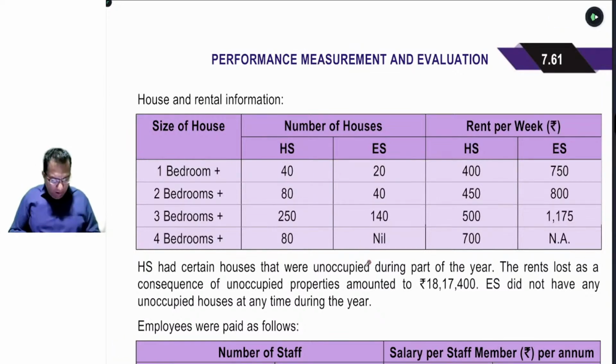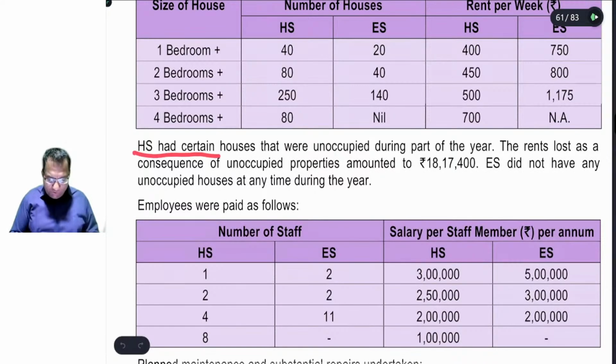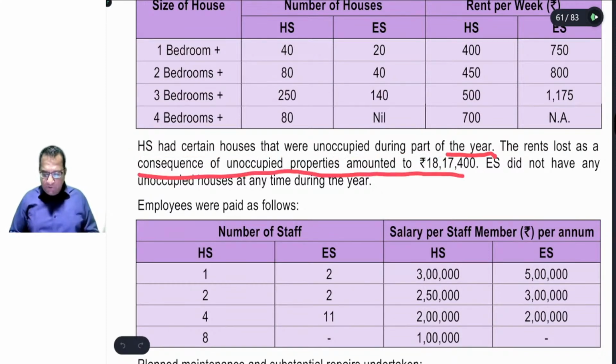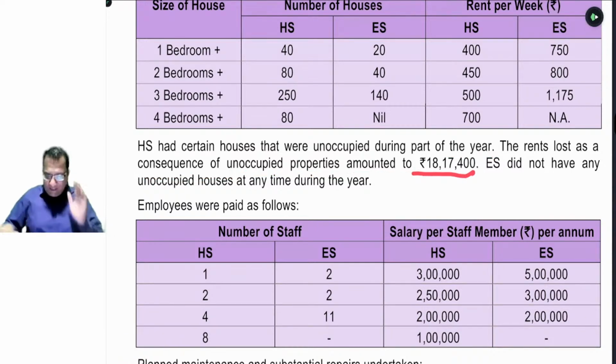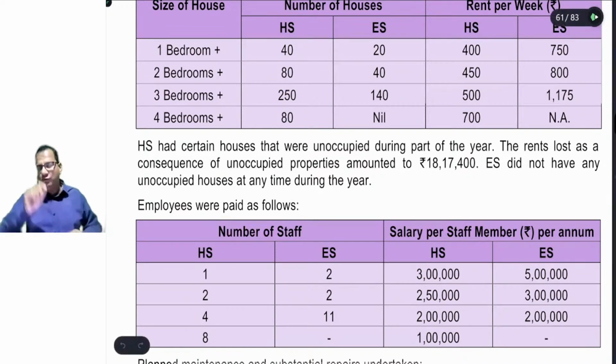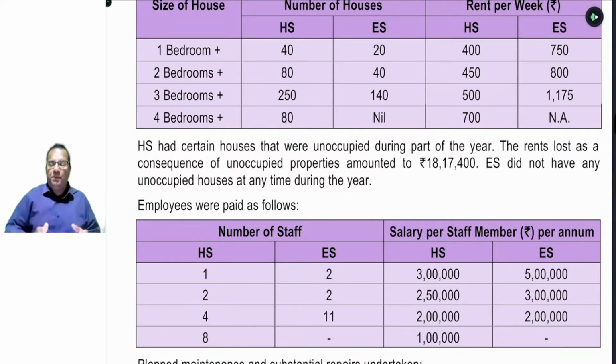Our company had certain houses that were unoccupied during part of the year. The rent loss as a consequence of unoccupied property amounted to 18,17,500. Can you please tell me, beta, based on this line and one more data, what percentage of property was unoccupied? I am asking in percentage terms: the percentage of property unoccupied in our organization during the period. Waiting for your answer, beta.